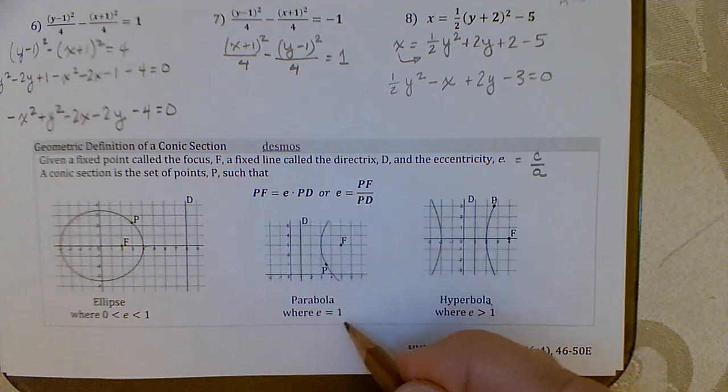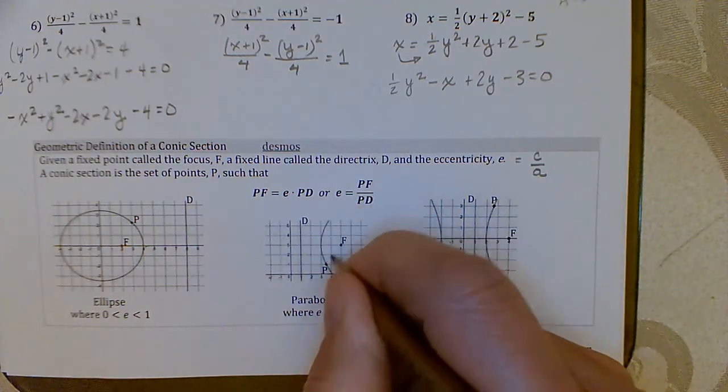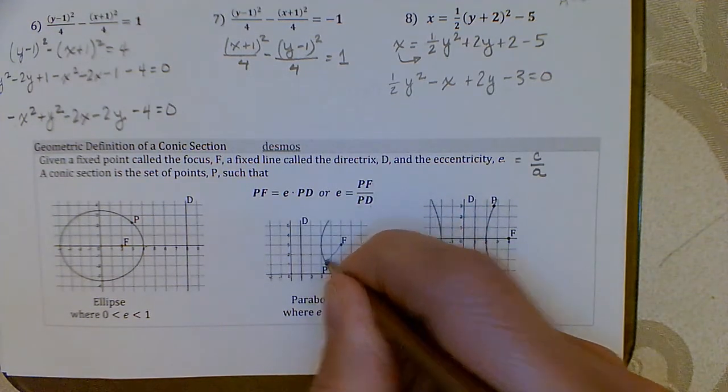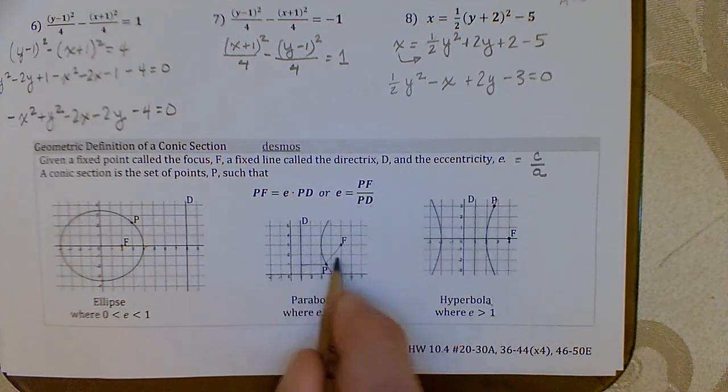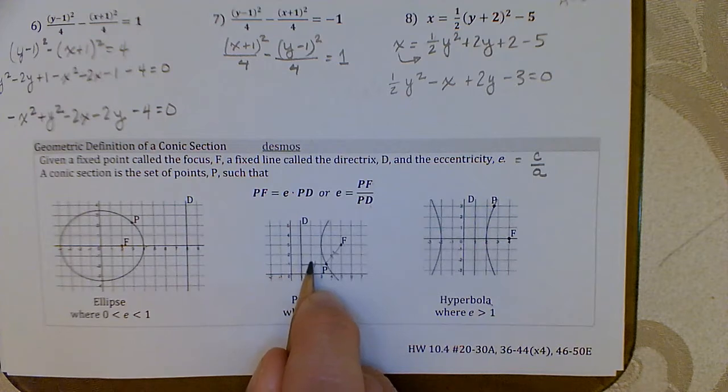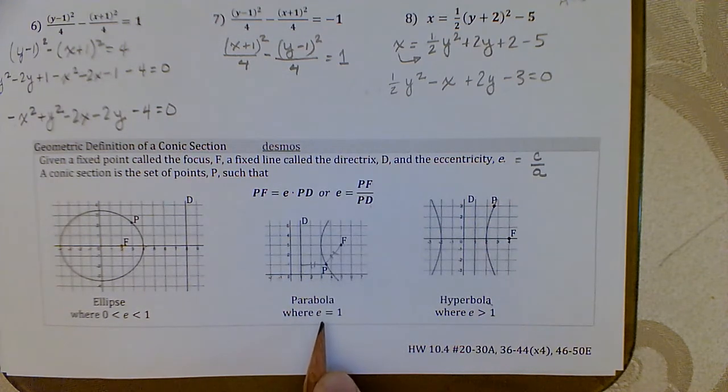Now, for a parabola, e is always 1. So the distance from focus to point and from point to directrix are the same. So the eccentricity of a parabola is always 1.